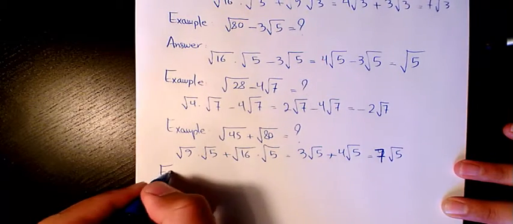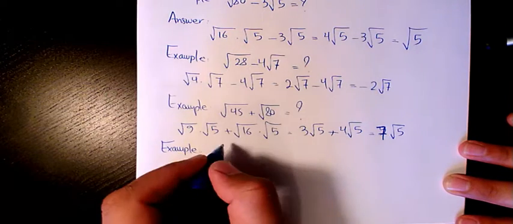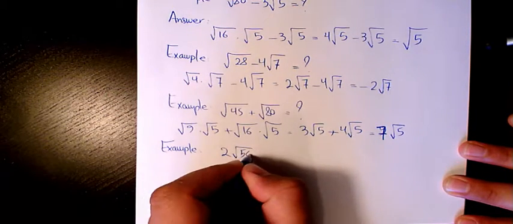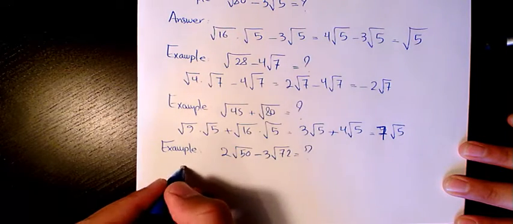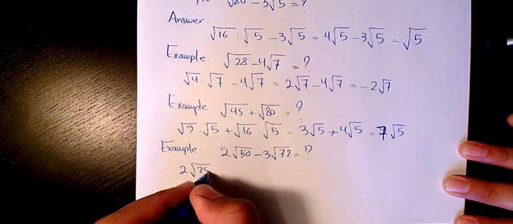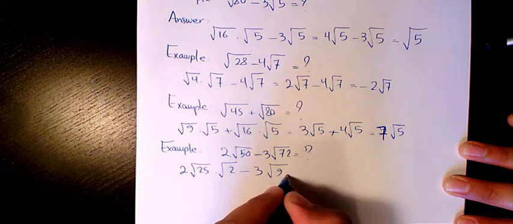And then next example, we have 2 root 50 minus 3 root 72. Root 50 is 25 times 2, minus 3 root 9 times root 8.